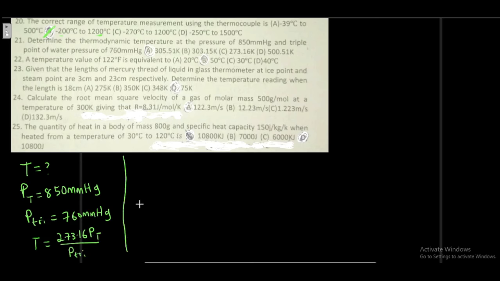And that will give us the unknown temperature to be equal to 273.16 times 850, the pressure at unknown temperature, all over 760, the pressure at triple point of water.